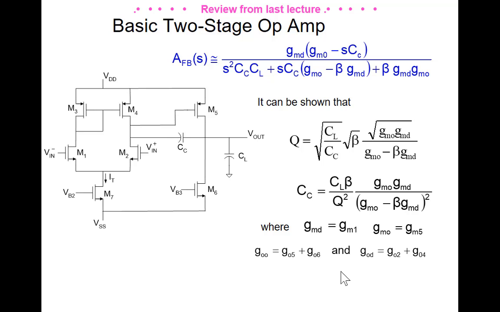Let me emphasize also that this analysis for the feedback amplifier that I've got here applies to this circuit, but it applies to much more than this circuit. What does it apply to?